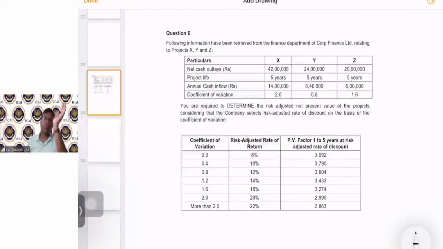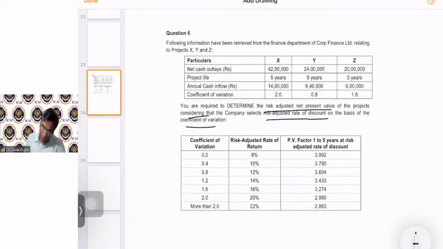There are 3 projects X, Y, and Z. Net cash outlays, project life is also given, annual cash inflow, and coefficient of variation. What is coefficient of variation? Standard deviation divided by mean. You're required to determine the RADR and the risk adjusted net present value of the project, considering that the company selects the risk adjusted discount rate on the basis of coefficient of variation.